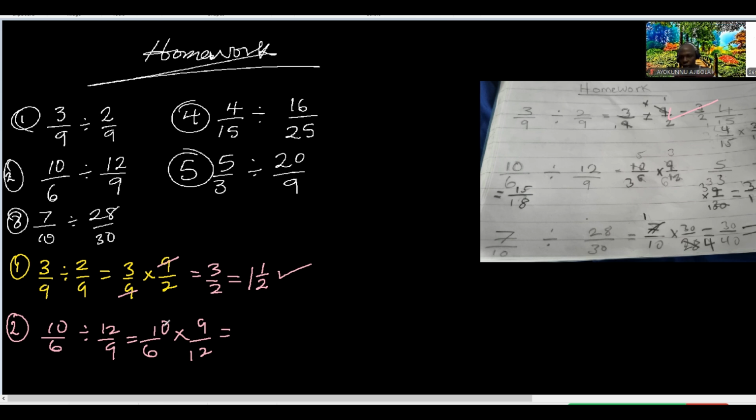So between 10 and 12, we can use 2. 2 here, 5, 2 here, 6, and 3 here, 2, 3 here, 3. So 5 times 3 is what? 15, right?